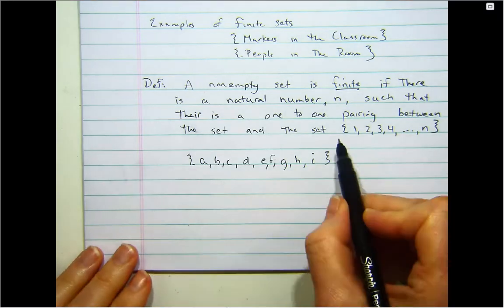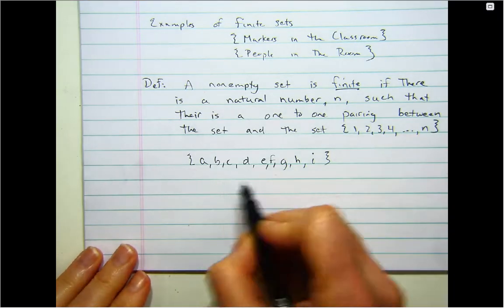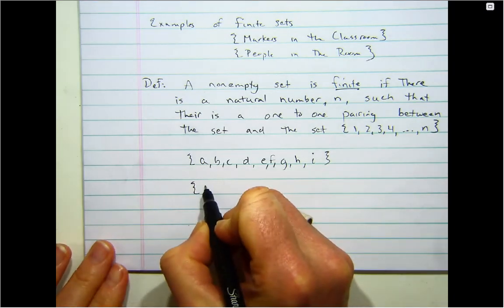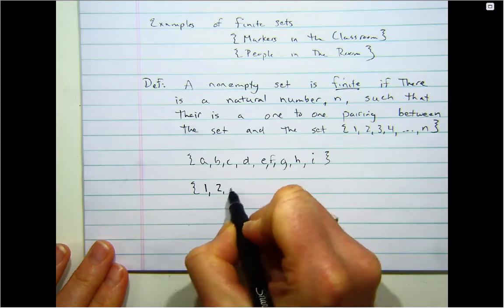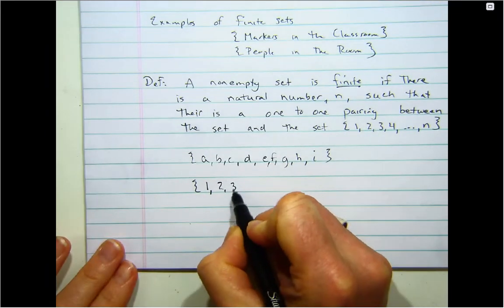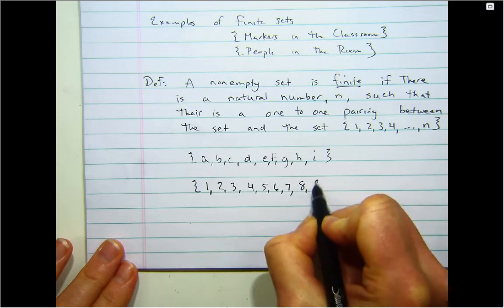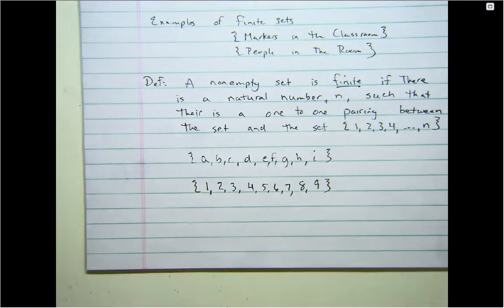So let's make a set that we can make a one-to-one pairing with the letters A through I. So we'd have 1 go with A, 2 go with B, 3, 4, 5, 6, 7, 8, 9. And then we would indicate that pairing with that double-sided arrow that we had.